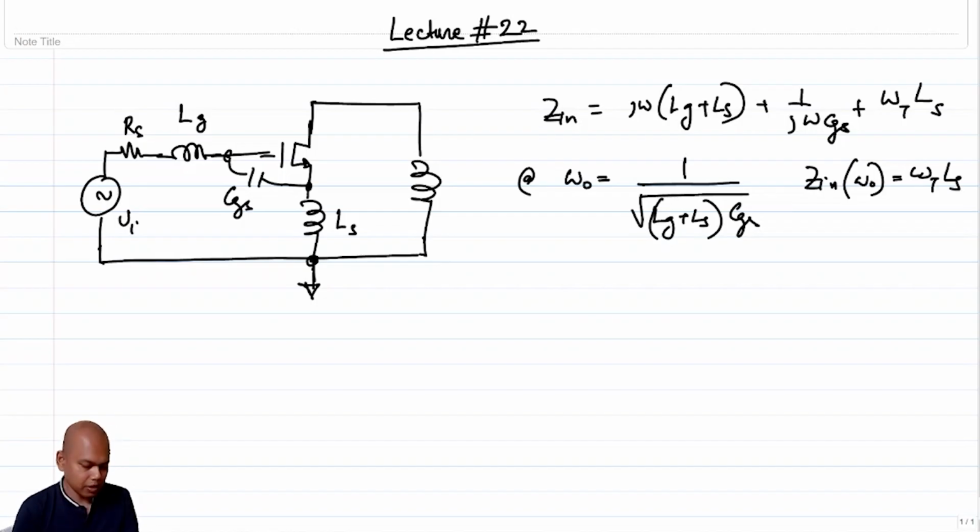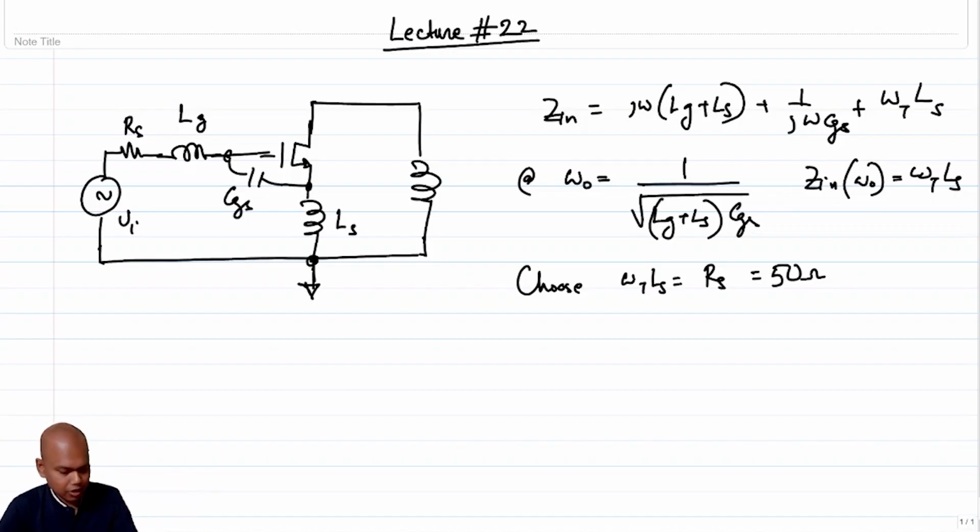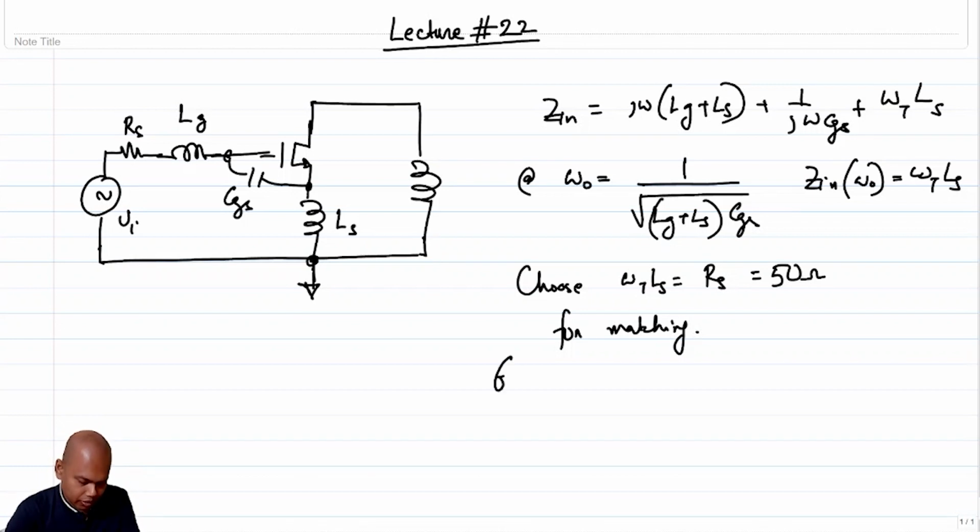So if I choose omega T times LS equal to RS, which is 50 ohm, and we do not have any transformer or impedance transformation, then matching is enabled.